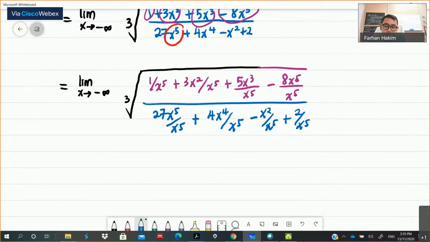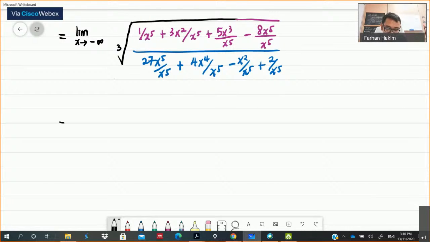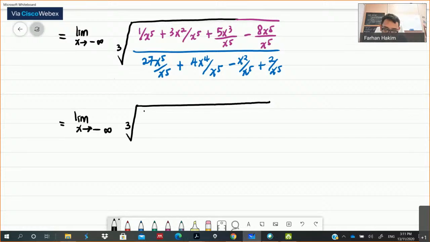And then we have to simplify this, right? So we'll have something like the limit as x approaching negative infinity of that cube root of 1 over x to the power of 5 plus 3 over x to the power of 3 plus 3 over x to the power of 2. Why is it 3? Why do I always write 3? It's 5, all right? Maybe I'm very obsessed with 3.